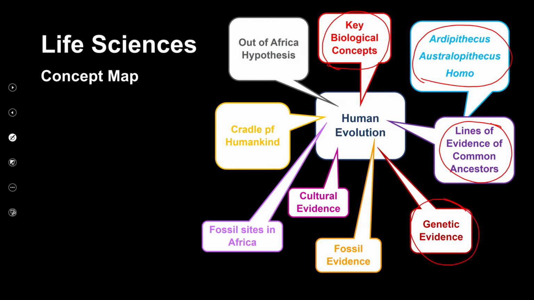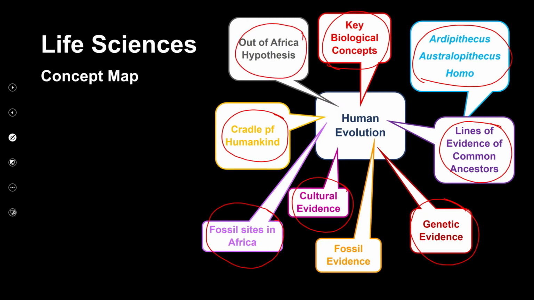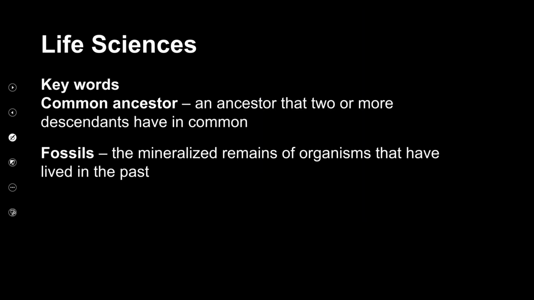We're going to look at genetic evidence and cultural evidence. We're going to look at where the fossil sites are found in Africa, the cradle of humankind, and then the out of Africa hypothesis. So there's quite a lot to have a look at.